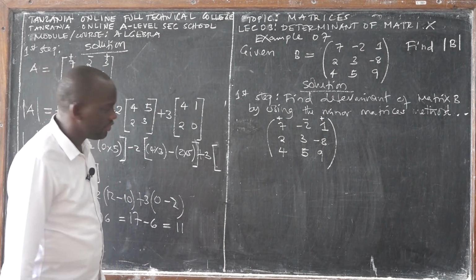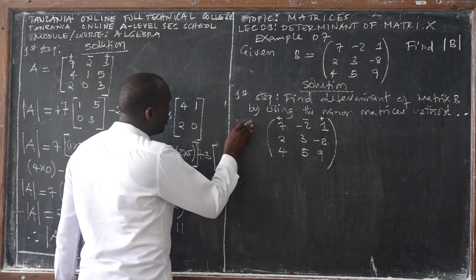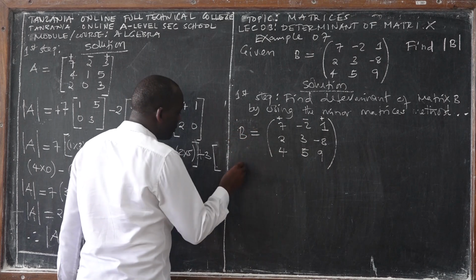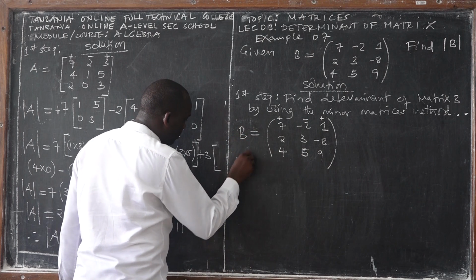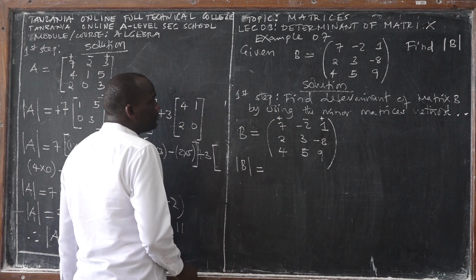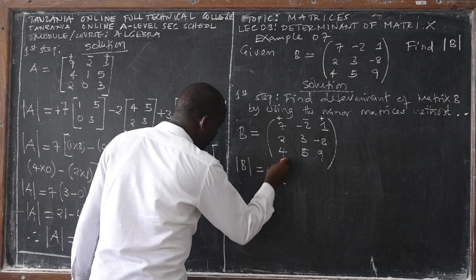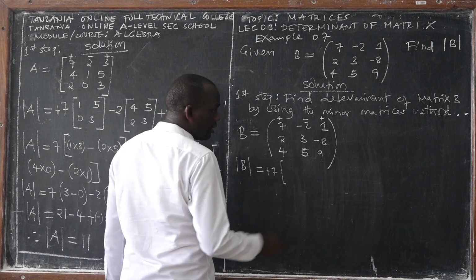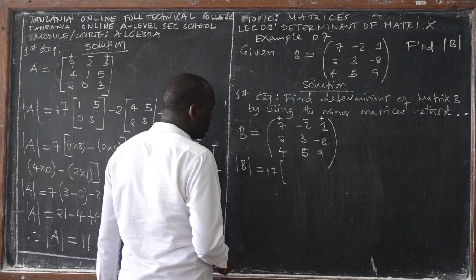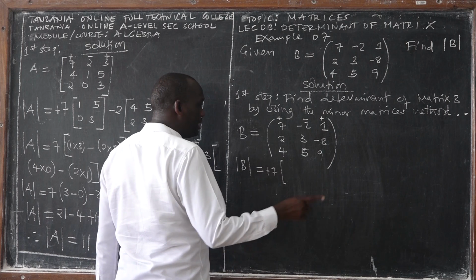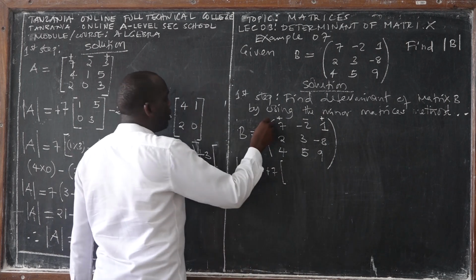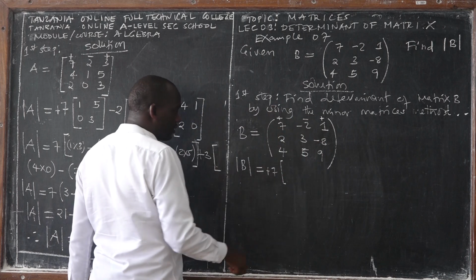Okay? Yes. Then we are looking for the what? So this was matrix B. So determinant of matrix B is equal to, what do you have? Positive 7. Then, Johnson, wait for me there. So we delete the first row and first column.